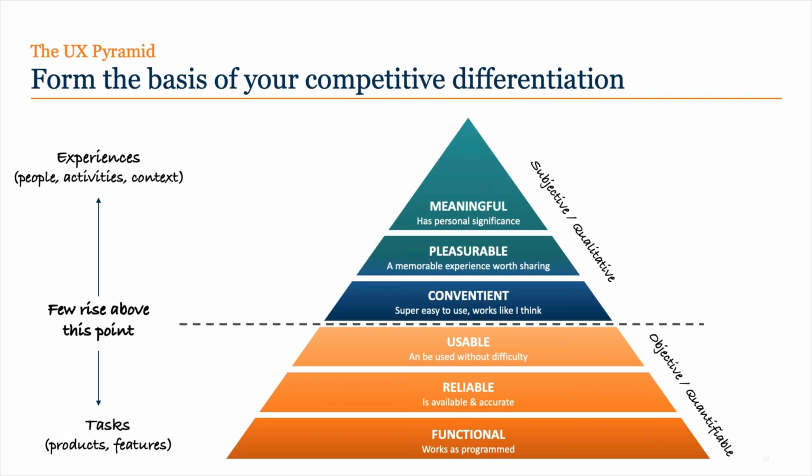This can, for example, be a standalone off-the-shelf e-commerce solution. This is illustrated at the bottom of the pyramid as something functional, reliable, and usable. As we move further up in the pyramid, levels 4 to 6, we focus more on the experience while using the solution. Looking at level 4, that we call the convenient.